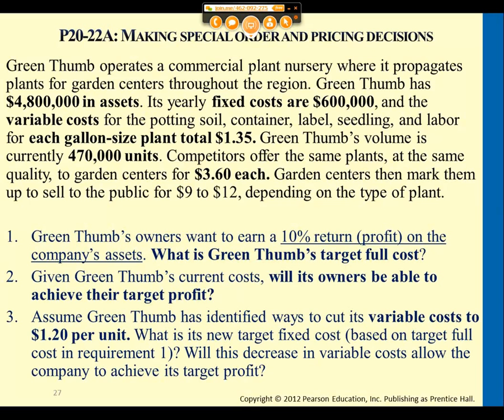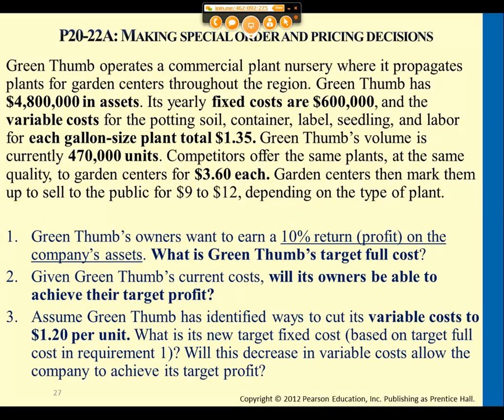Green Thumb operates a commercial plant nursery where it propagates plants for garden centers throughout the region. They have $4,800,000 in assets. Its yearly fixed cost is $600,000, and the variable cost for the potting soil, container, and so on for each gallon size plant totals $1.35.